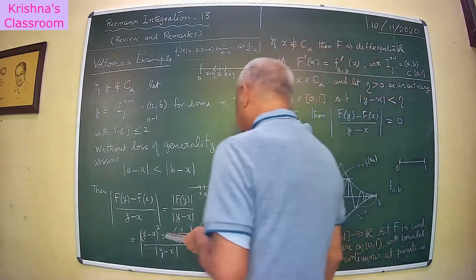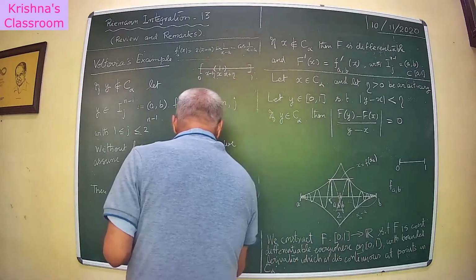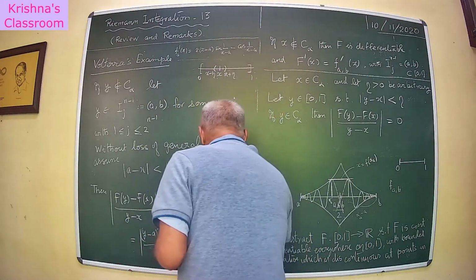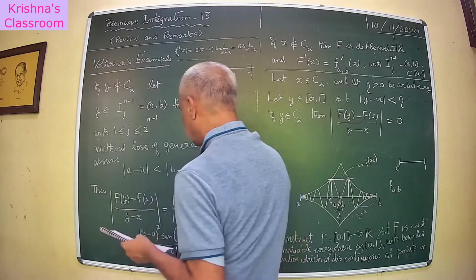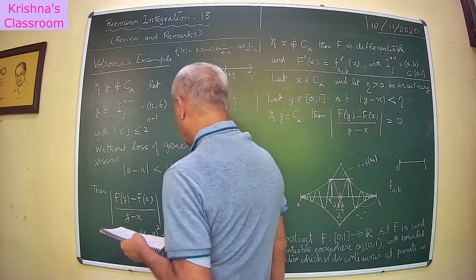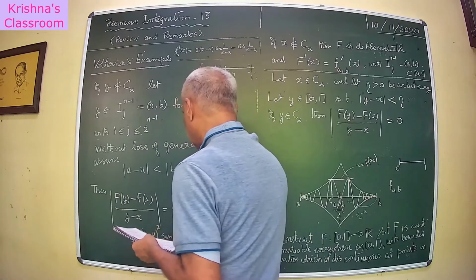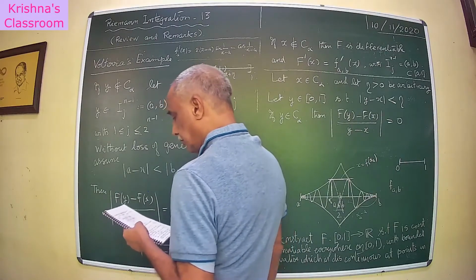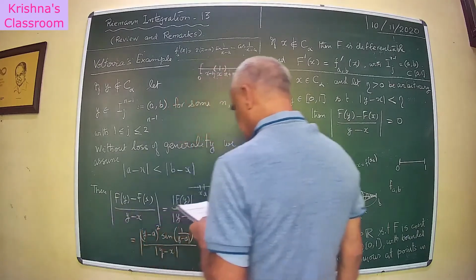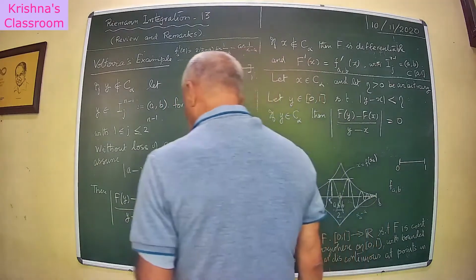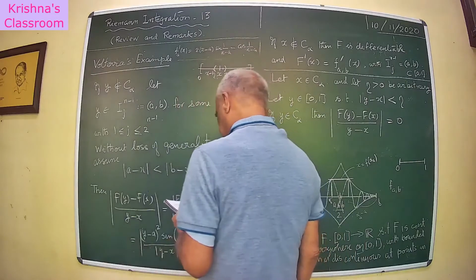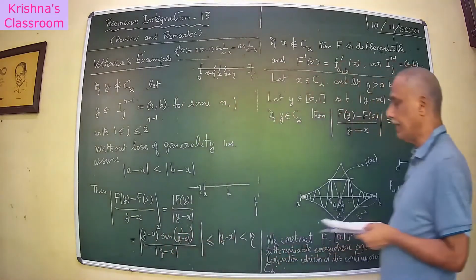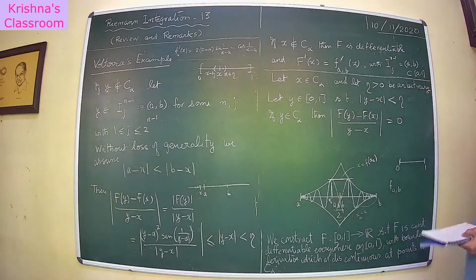Now this is less than or equal to mod y minus a whole square divided by mod y minus a, so this is less than or equal to mod y minus x, which is less than eta. So you can make it as small as you please.